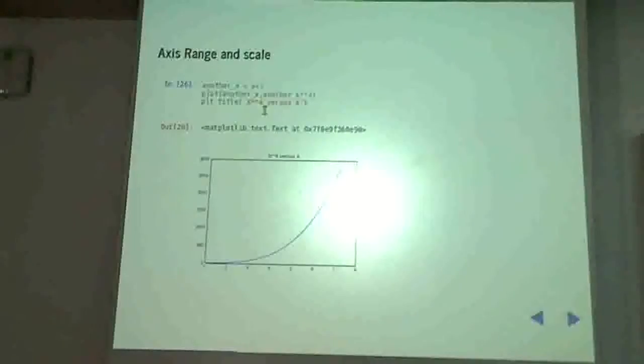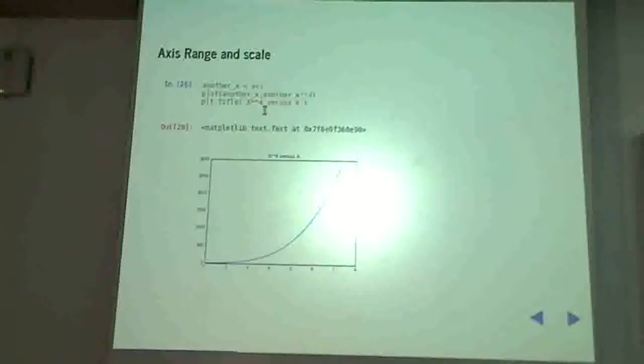Now we say plot anotherx, comma, anotherx raised to 4. So we are plotting x raised to 4, where x goes from 1 to 7.27.